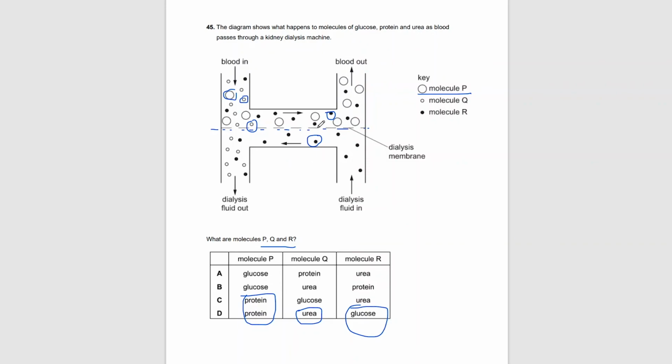So the concentration gradient is zero and no glucose molecules diffuse into the dialysis fluid. Proteins cannot pass through the membrane. Urea can pass through the membrane and diffuse from the blood into the dialysis fluid. And the concentration of glucose is the same in the blood and in the dialysis fluid, and it is not removed. So the answer is D.